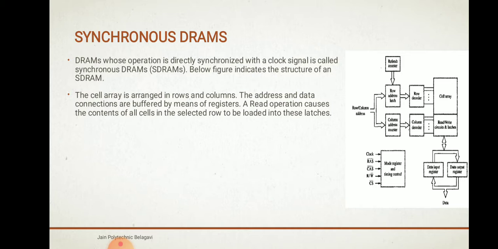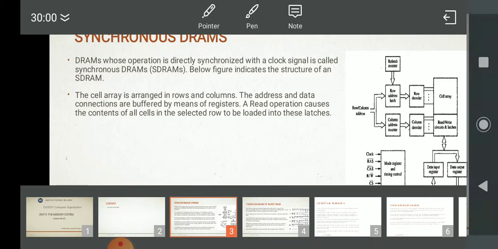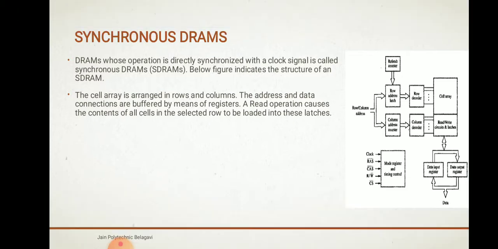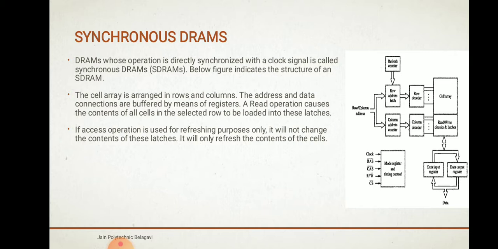Now a read operation causes the contents of all cells in the selected row to be loaded into the latches. If an access operation is used for refreshing purposes only, it will not change the contents of these latches.